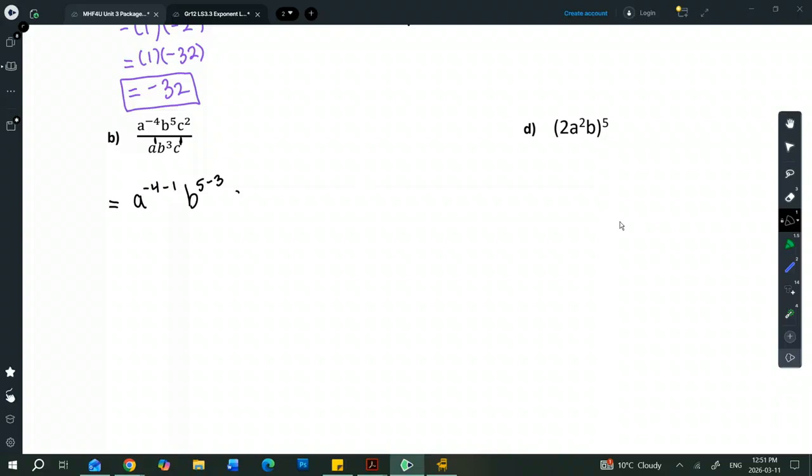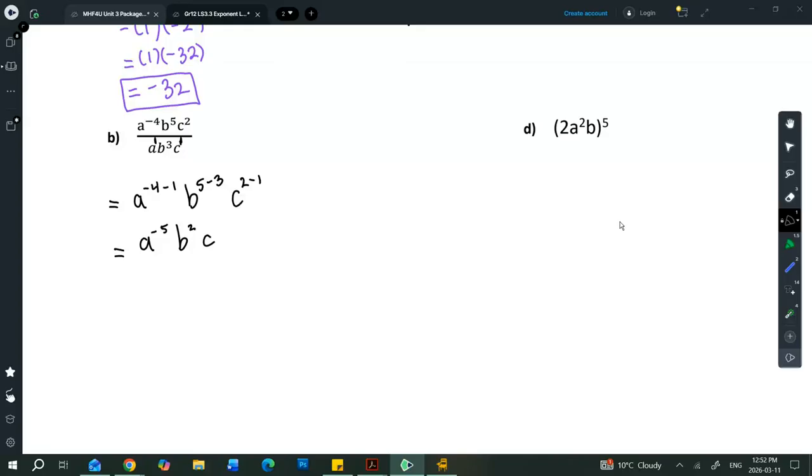And then C, 2 minus 1. So we'll get A to the -5, B squared, and then C will just be to the exponent 1, but we're not going to write that.